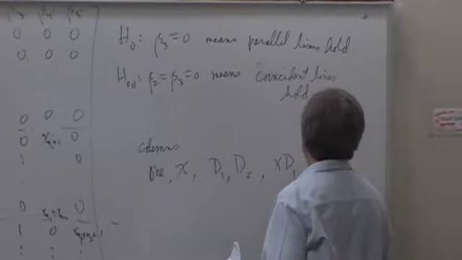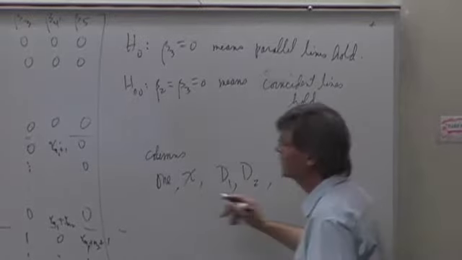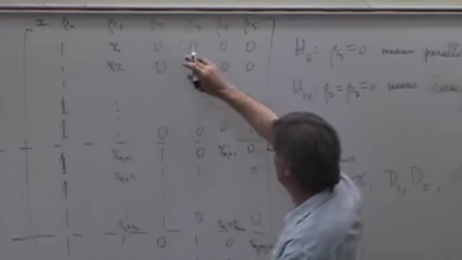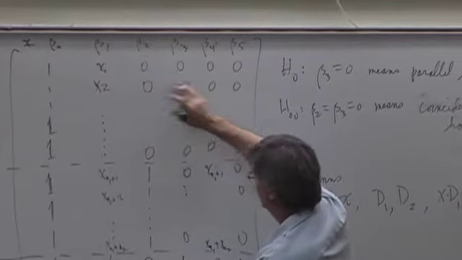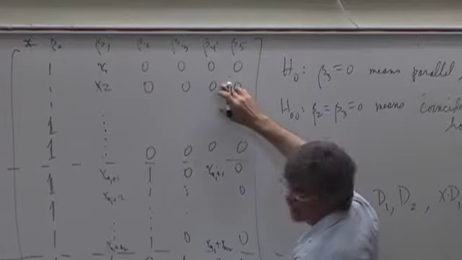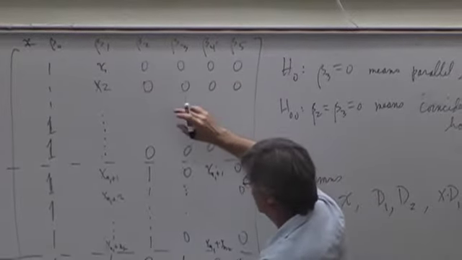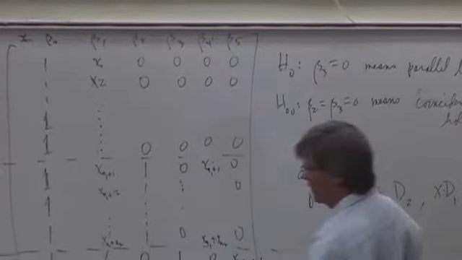I think I wrote a D1X and D2X, but it doesn't matter. Okay, so it means I multiply this X column by this. This is the D1 column. I just multiply this times this, okay, to get this fifth column here, and then multiply this times this indicator column to get this sixth column.